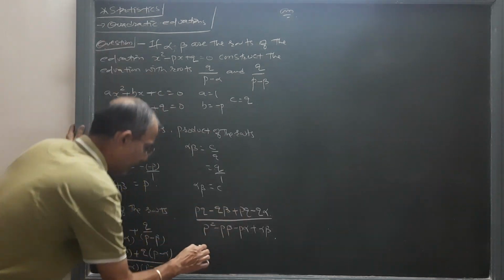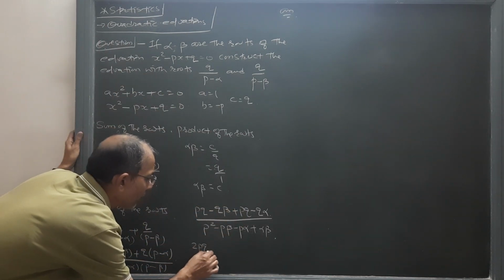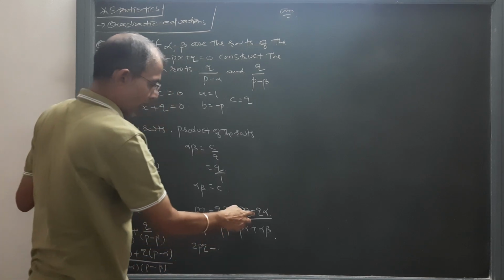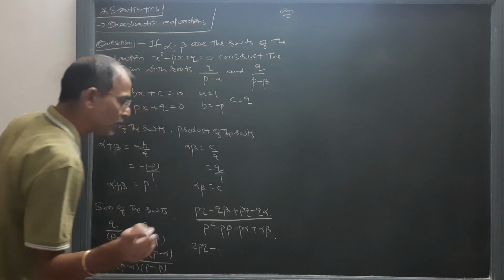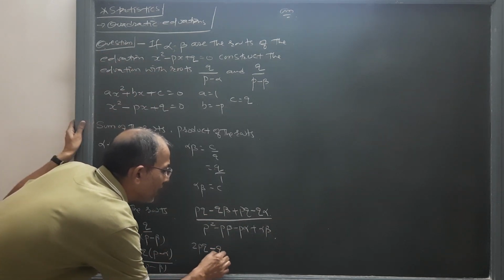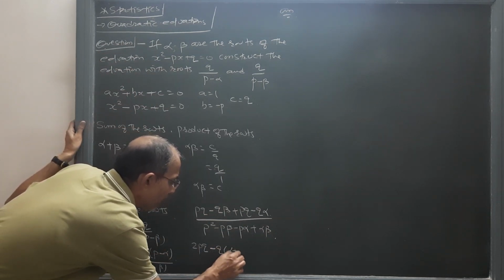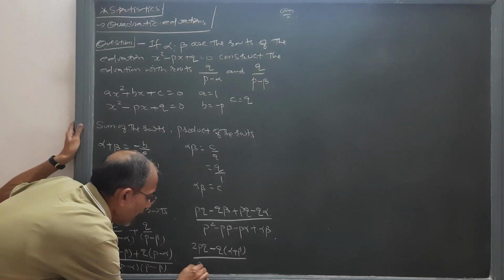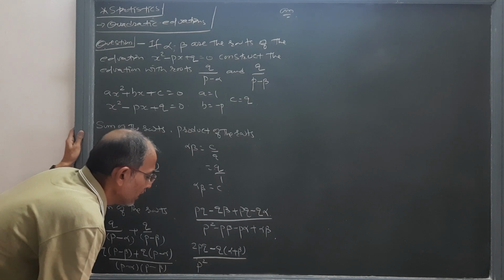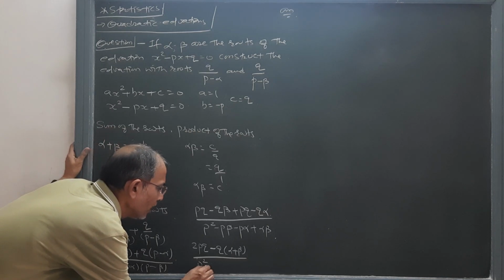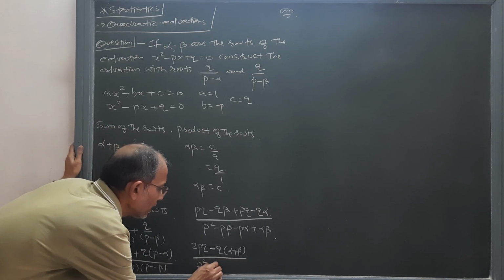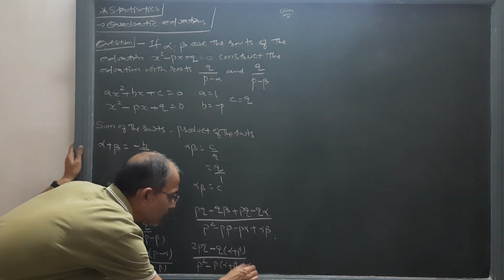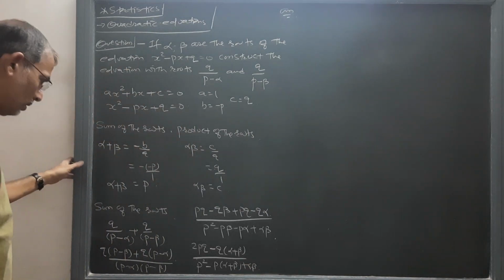Now pq plus pq will be 2pq, and I am taking minus q as common, so under the bracket will be alpha plus beta, and at the denominator, that is p square, and if I take minus p as common, under the bracket will be alpha plus beta, plus alpha beta.